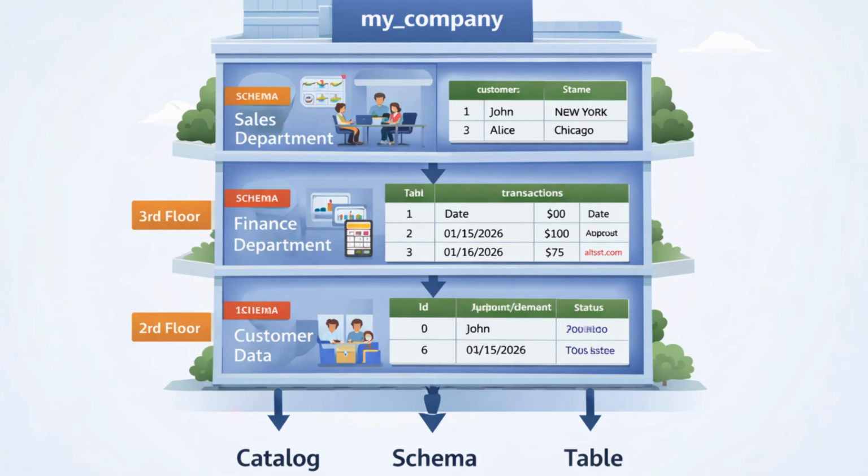Each floor is considered a department, and each department is considered a schema. Inside the department we have files and data, which we can call a table. This is the three level hierarchy which we follow in Databricks. This structure helps us organize our data in a proper way.